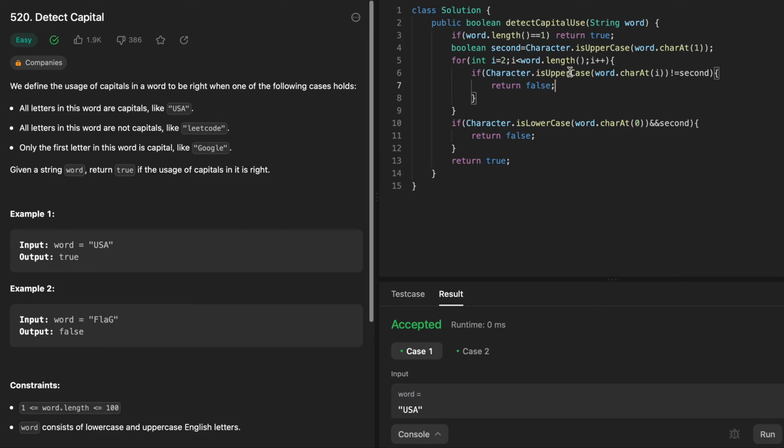So I'm checking is-upper for all the rest of the characters. Whatever the result was, like if it was uppercase here, it should also be uppercase for all the rest of the characters. If the case of the second character is not equal to the case of the rest of the characters to the right of the second index, we can say it's false.